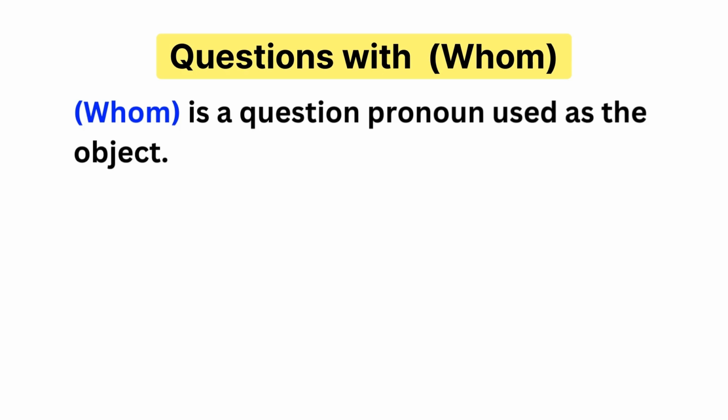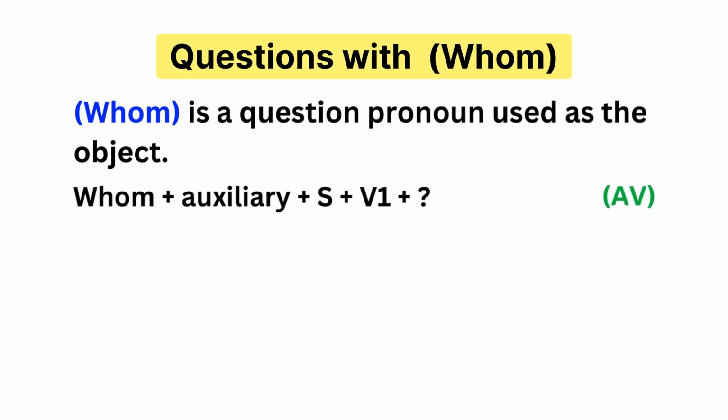Questions beginning with whom. Whom is a question pronoun used as the object. The normal structure of questions beginning with whom in active voice is whom plus auxiliary verb plus subject plus main verb. For example, whom do you love?